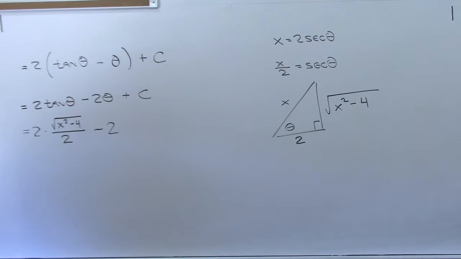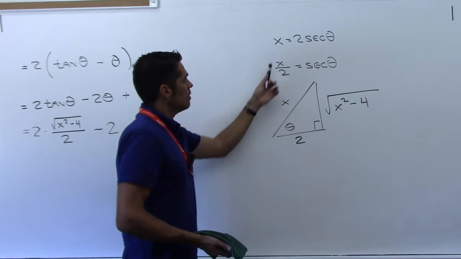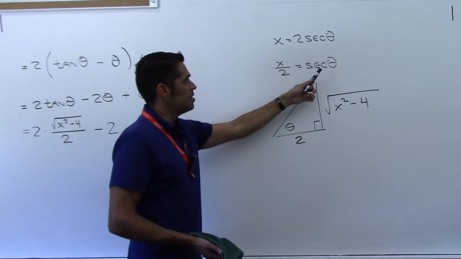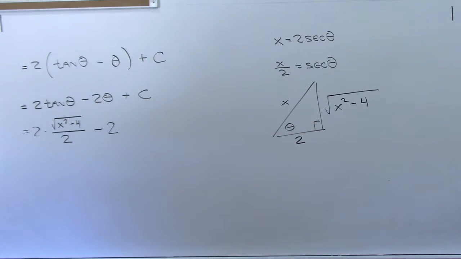So how are you going to get theta? Since you're going back to x, we can use this, or we can use this. Which one is going to be the one that we can get theta isolated from? Because you can't just divide out those letters, SEC.